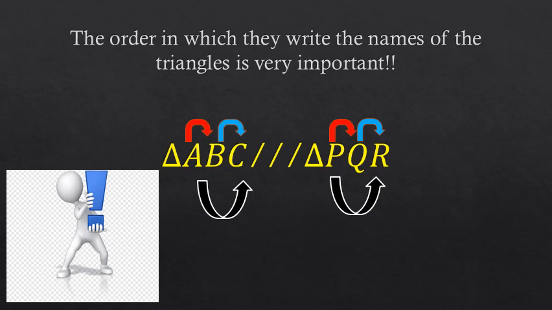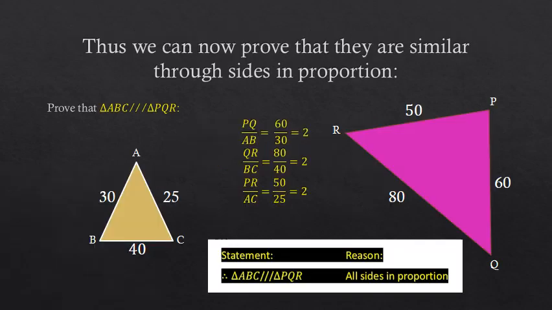Sides in proportion. They said prove that triangle ABC is similar to PQR.